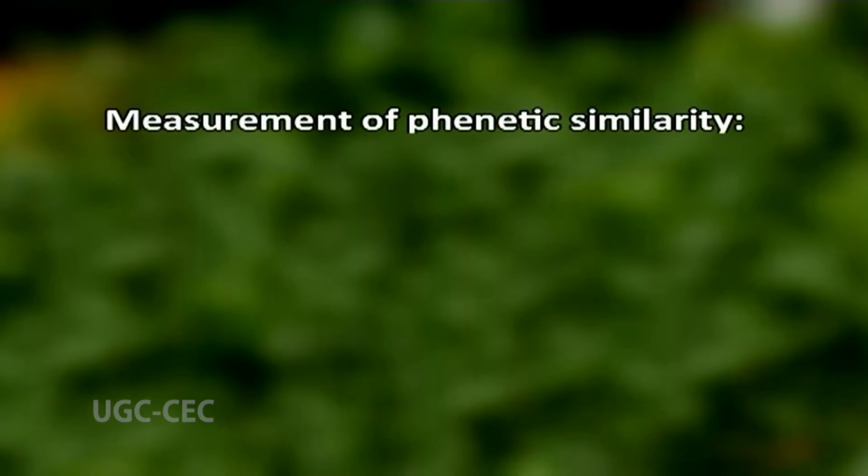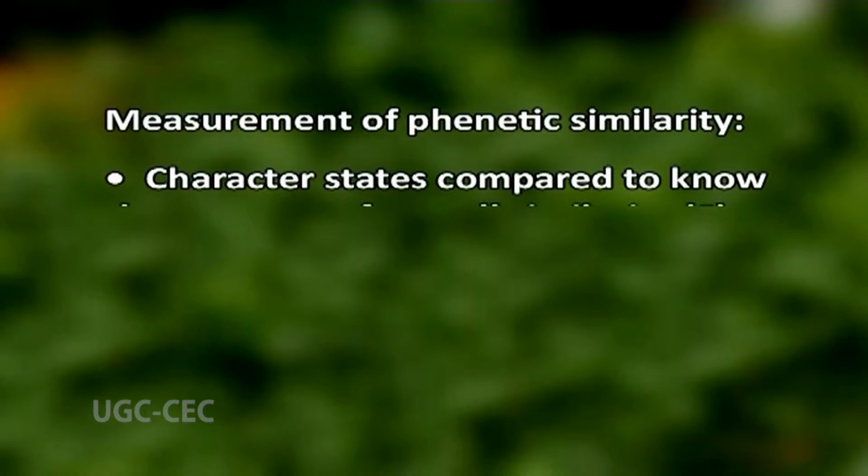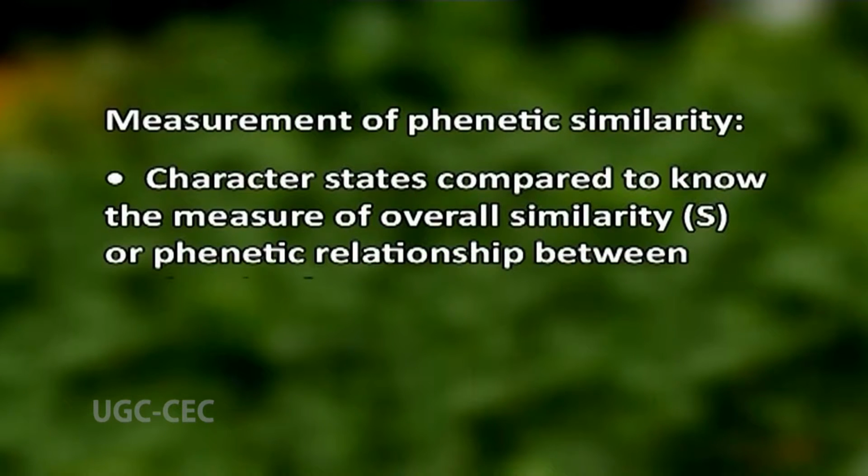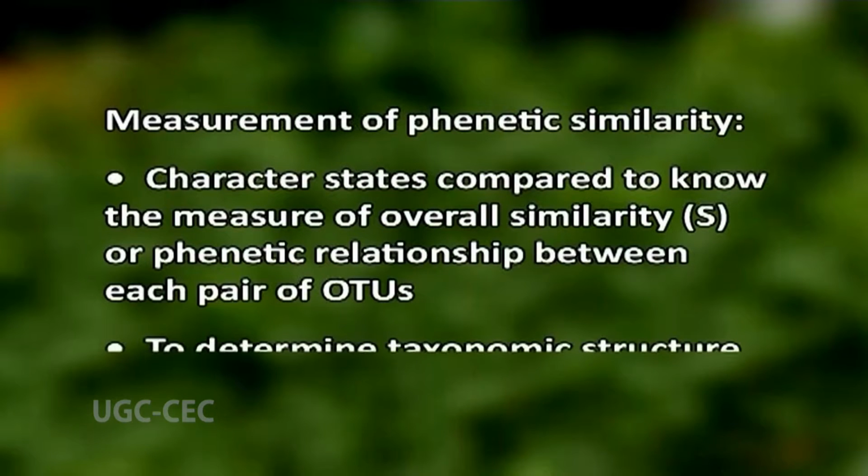Next is the measurement of phenetic similarity. The character states are compared to know the measure of overall similarity, which is designated as S, or a phenetic relationship between each pair of OTUs, and to determine the taxonomic structure, that is the detection of possible groups and subgroups among all the OTUs.